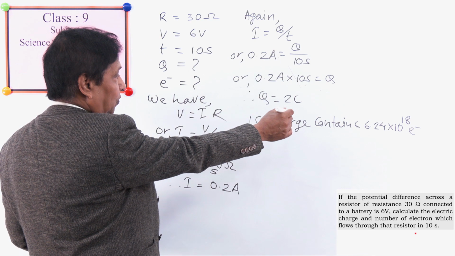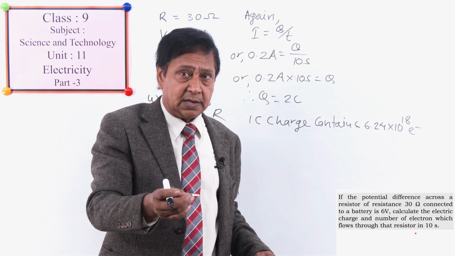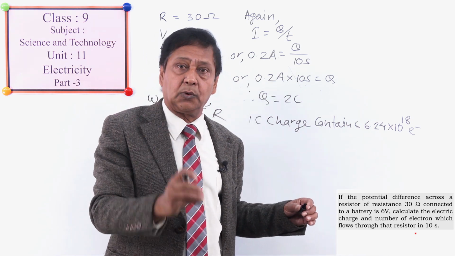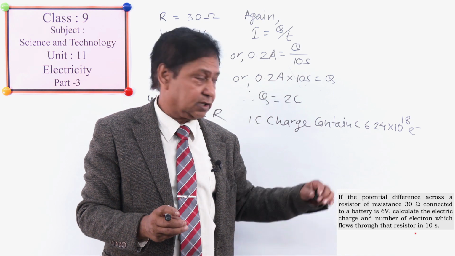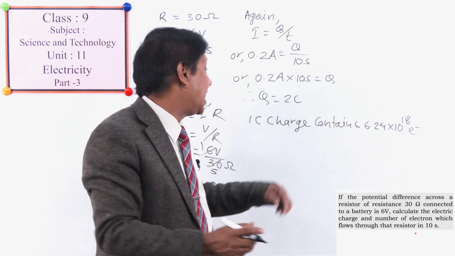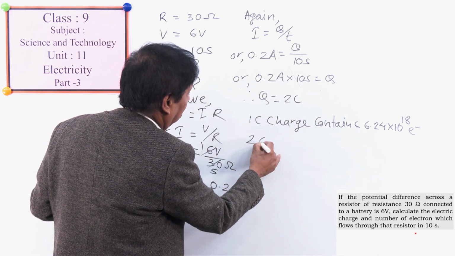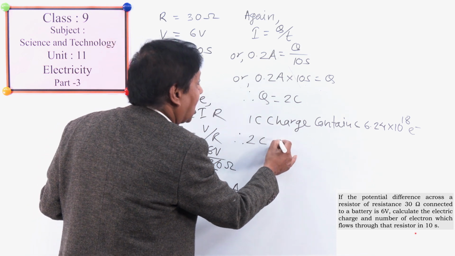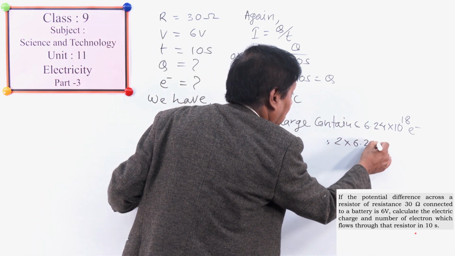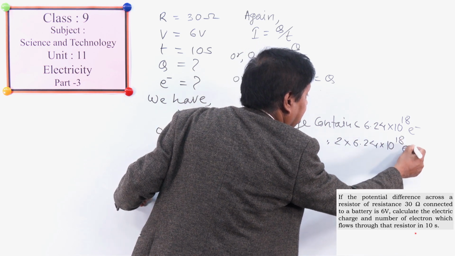We got this information in the previous class also. 1 coulomb charge contains this much electron, or this much proton contains 1 coulomb charge. That's why here our result is 2 coulomb. Therefore 2 coulomb charge contains 2 into 6.24 into 10 to the power 18 electrons.